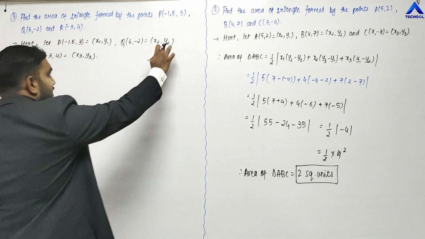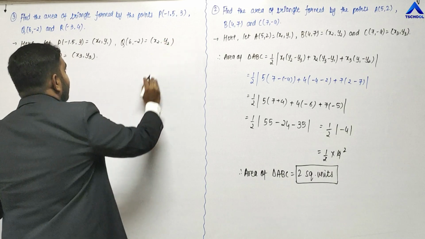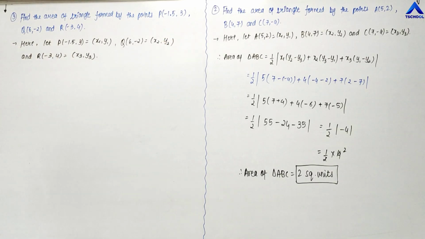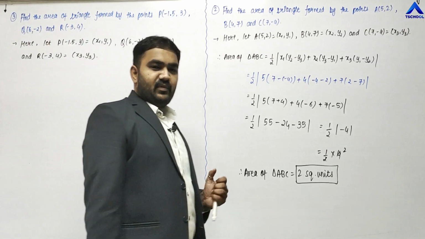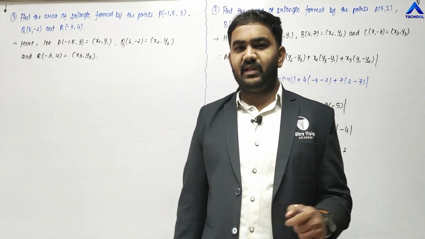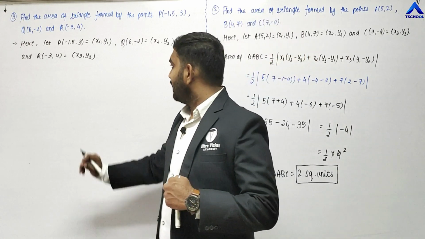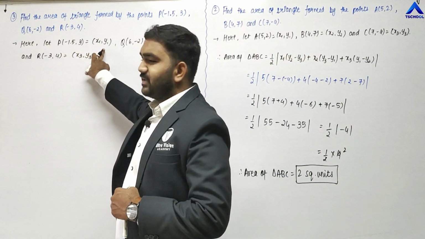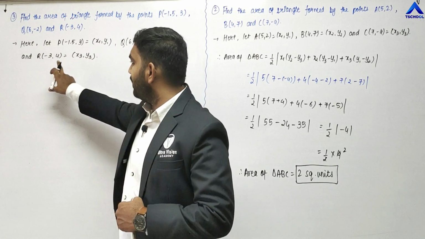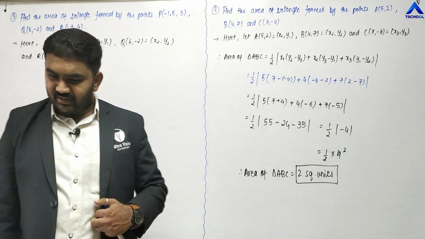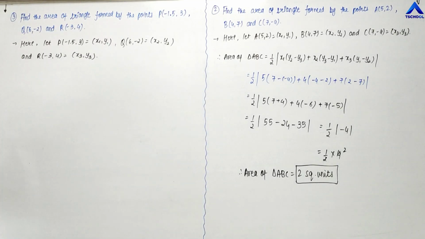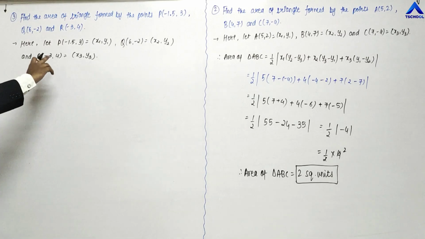So we have taken these 3 points as x1 y1, x2 y2, and x3 y3. See friends, make a habit that whenever these types of 3 coordinates are given, you take the coordinates in order only, right? That means the first point will be x1 y1, the second point will be x2 y2, and the third point will be x3 y3. So it will be easier for you to tally the answer.